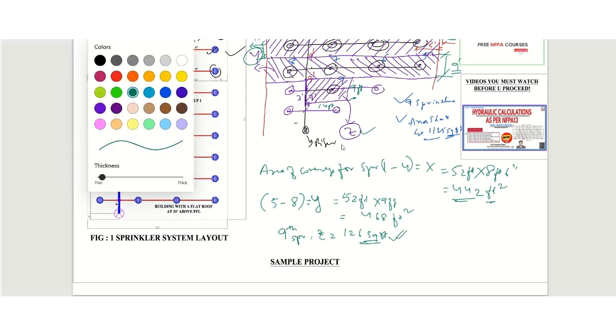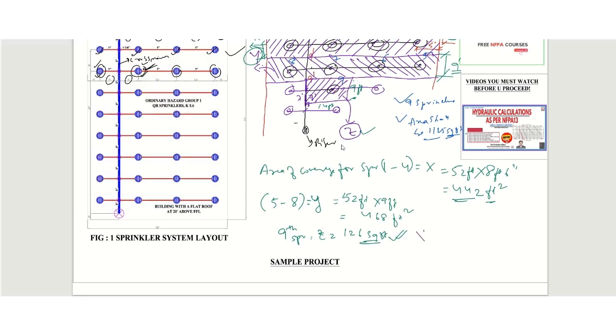Now we need to add X plus Y plus Z. So X plus Y plus Z, then we will get the design area which we have considered up to now. So it will be 442 plus 468 plus 126. So we are getting about 1036 square feet, which is less than 1125 square feet, which is the minimum design area of operation we need to consider.